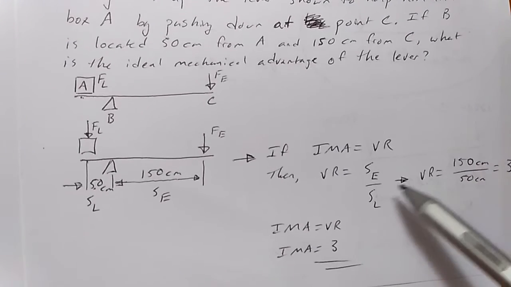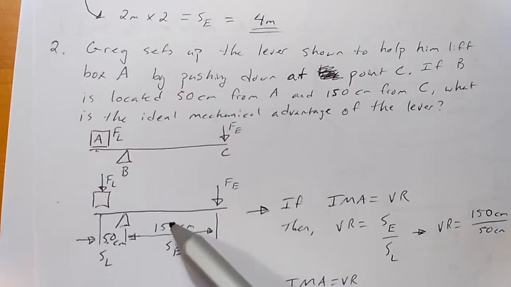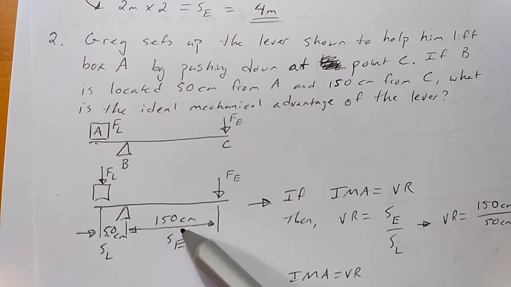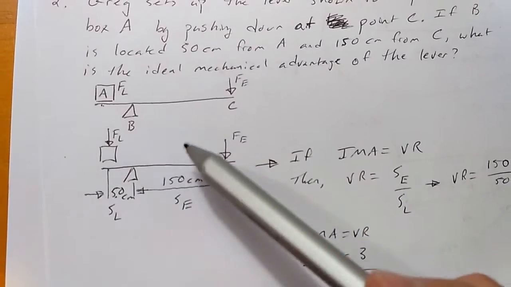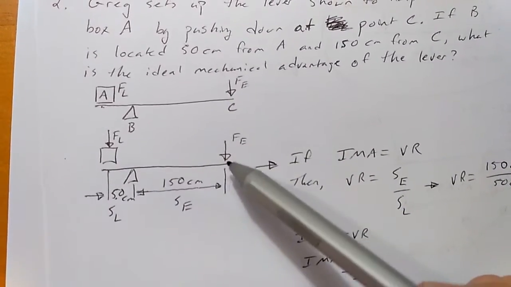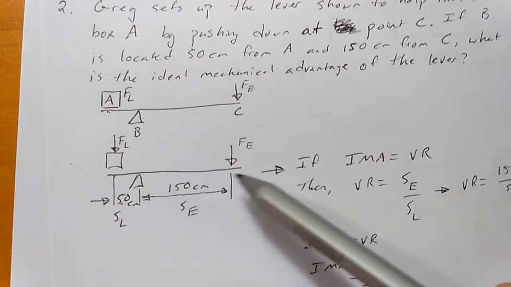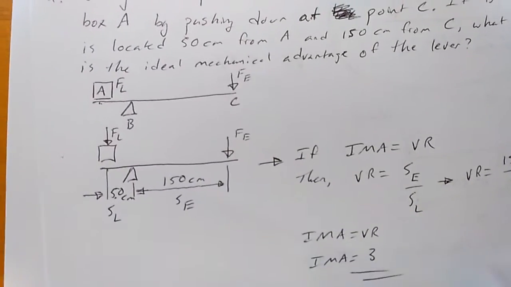So if 3 is our ratio, that's all that this question is asking. Actually, it's just asking us what the ratio of mechanical advantage is. So this lever, because the effort is 3 times further than the load, just allows you to lift something 3 times heavier. That's basically what it's saying. Let's take a look at our last example.